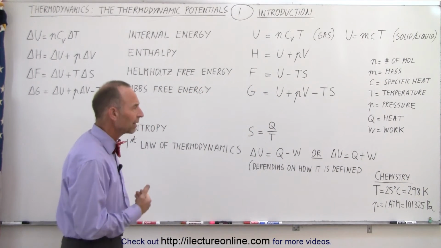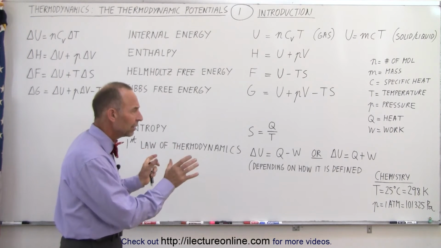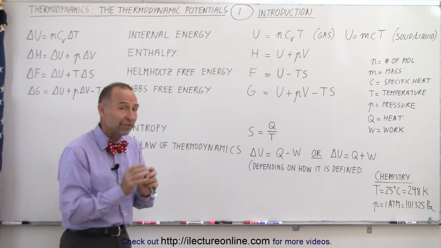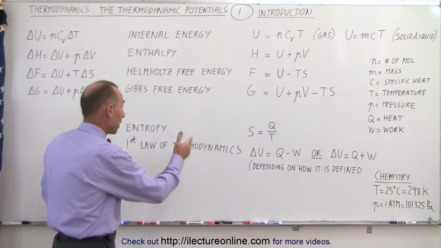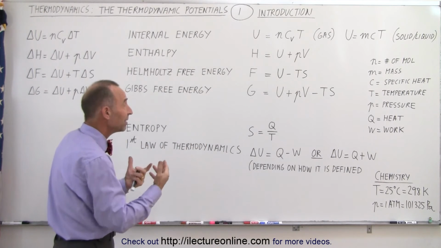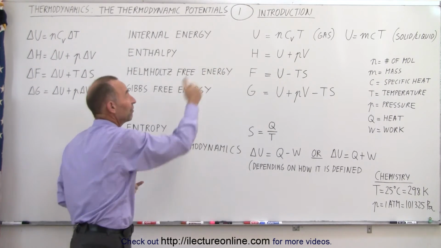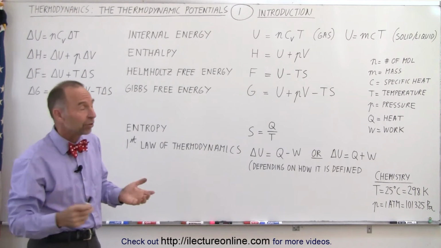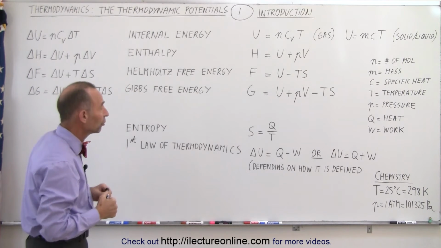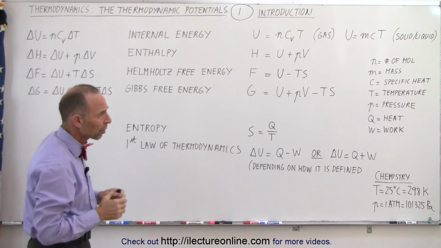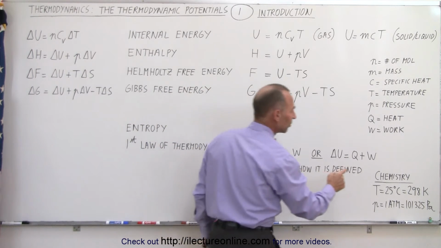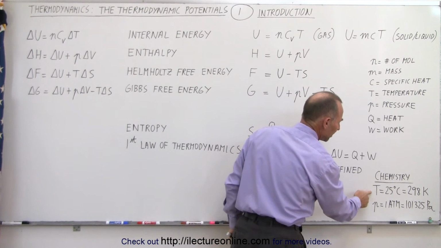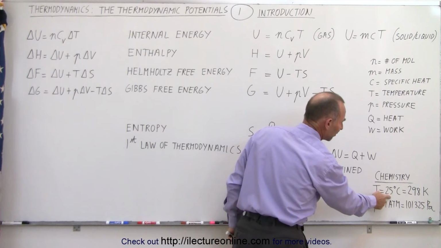Again, we're going to talk about that in more detail. But again, remember that delta U can be defined in different ways depending upon which way it's defined. And then, of course, that's going to have an effect on how we define some of these other variables called the thermodynamic potentials.